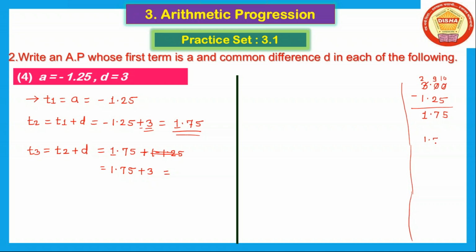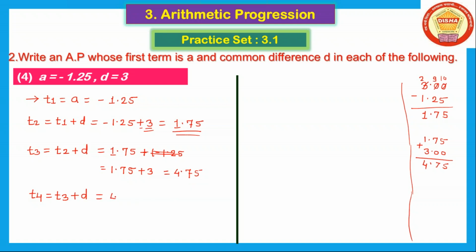It is 1.75 plus only 3 is there. Means 3 points we are taking 0, 0. Means 5, 7, and 3 plus 1 is 4. Means the third term is 4.75.